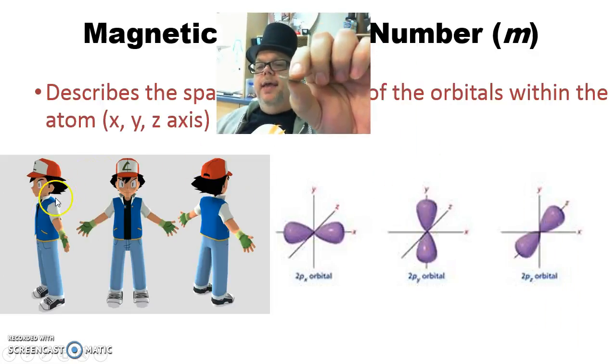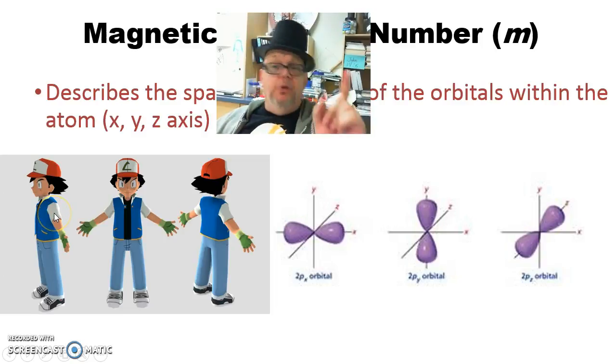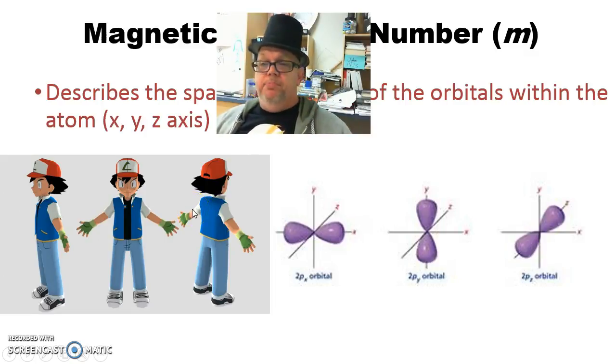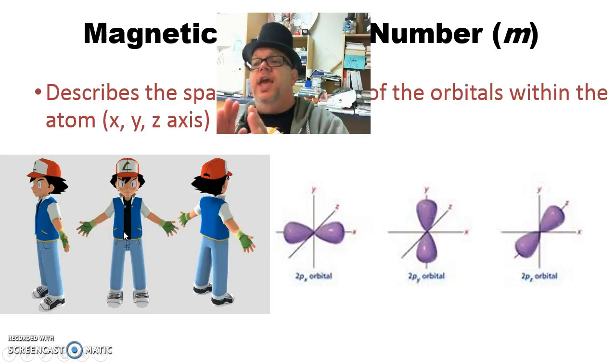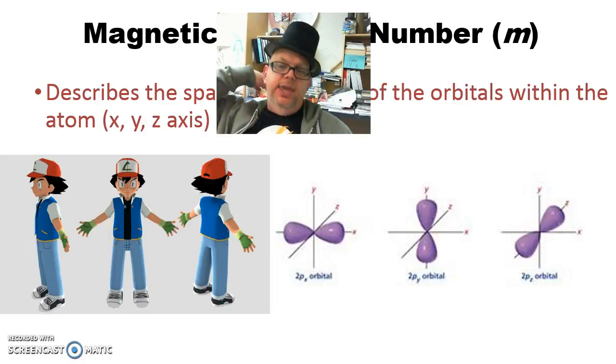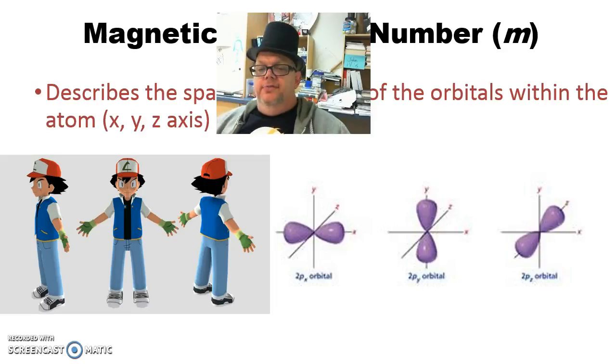If we look at Ash Ketchum from Pokemon fame, for example, we can see that Ash here is the exact same figure that people know and either love or hate, but you're looking at it from a different point of view. He is oriented a little bit differently. Here is 2p in the x direction, 2p in the y direction, and 2p in the z direction. This would be an example of the magnetic quantum numbers.